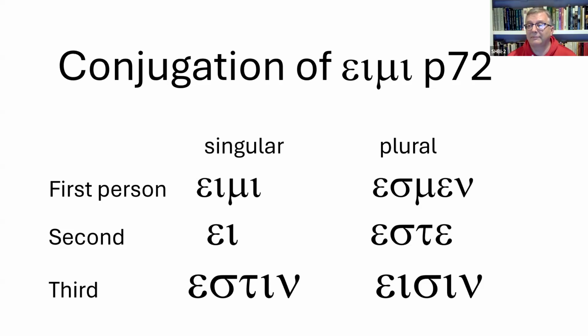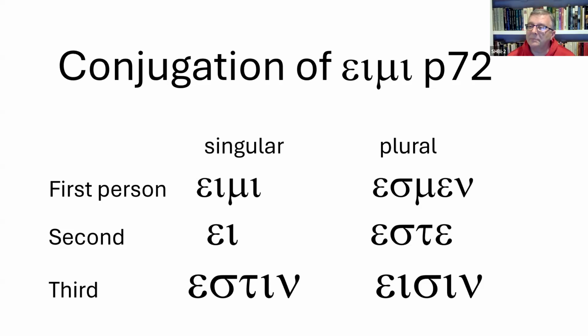If it's the neuter form, that's the implied subject, well, then you would translate it, it is, right? So I am, you are, he is, right? To be conjugates in English like this too, right?